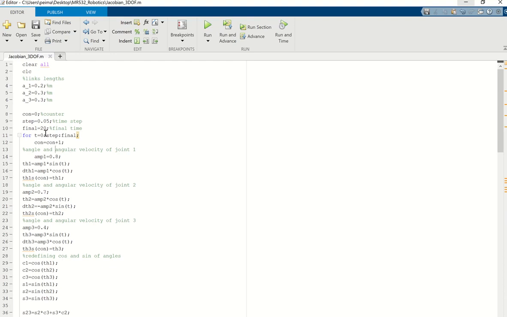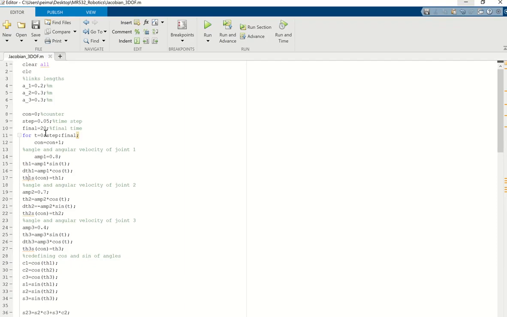Now here I'm defining the angle and angular velocity of joint 1. Amplitude 1 is 0.8. Theta 1, look at here, is amplitude times sine of theta, exactly as I wrote in the PowerPoint. So d theta 1, the derivative of theta 1, is amplitude times cosine of this, as I did.